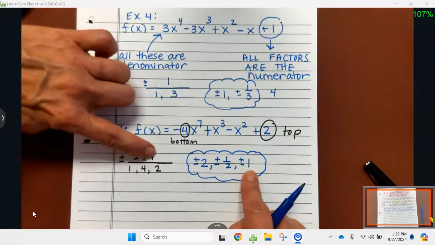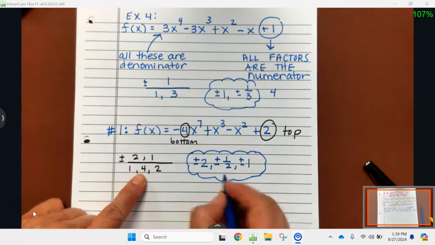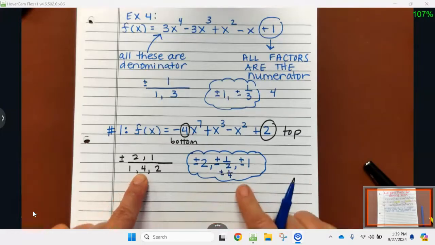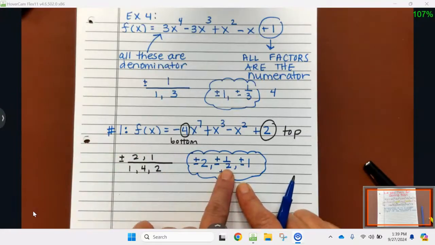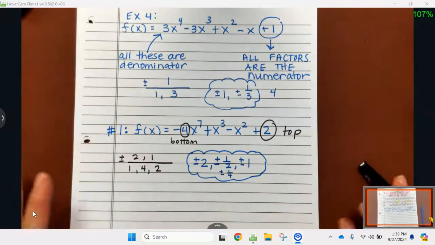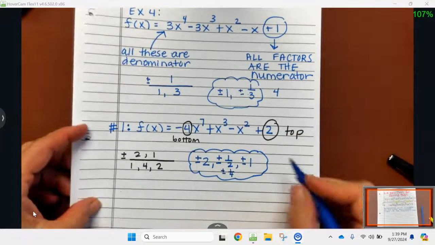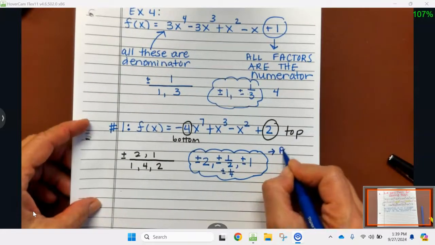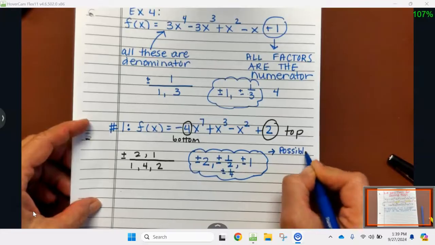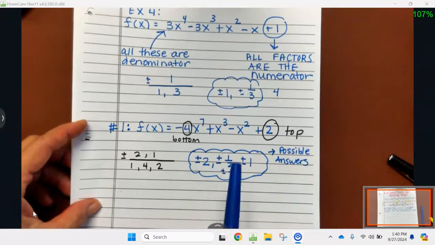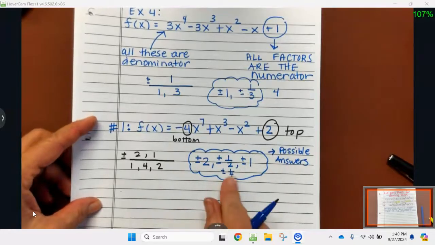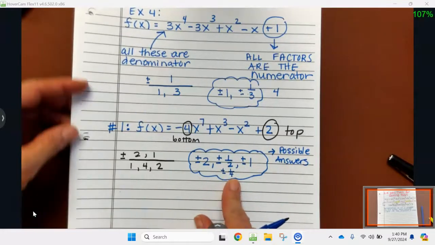The next number is 1 divided by 4, so we need to add positive and negative 1/4. And then our last option is going to be 1 divided by 2, which is 1/2, but we already have that. So don't write any repeats. So these are our possible answers. It's for sure going to be one of those. It's not going to be anything outside of these numbers that we wrote here.